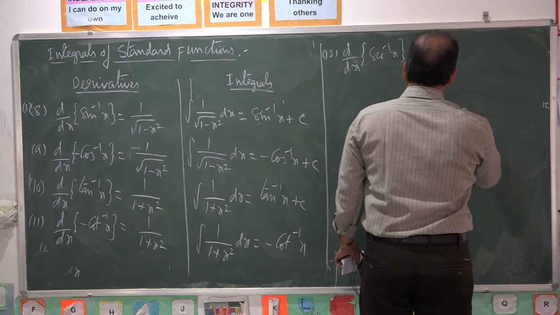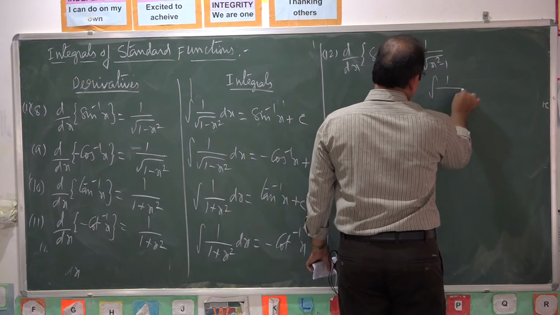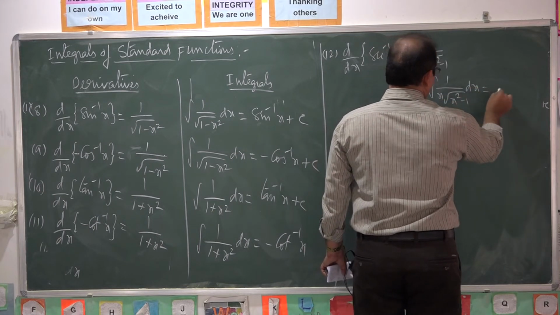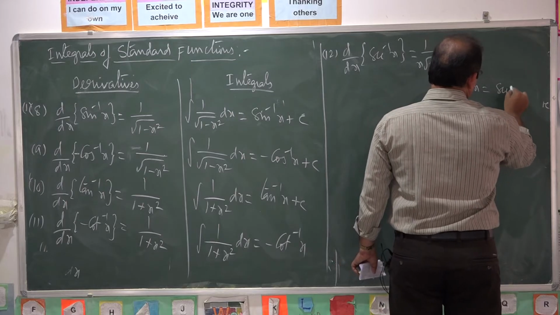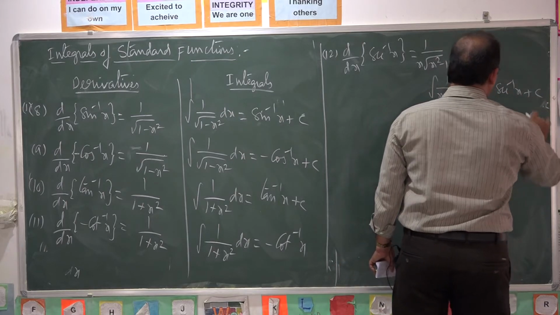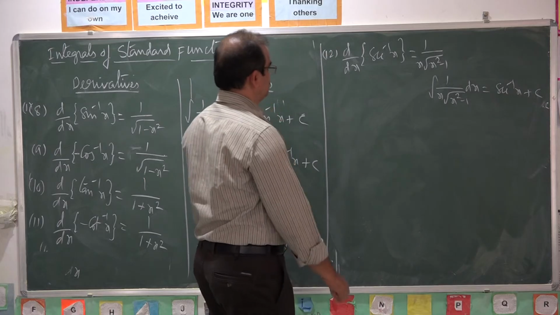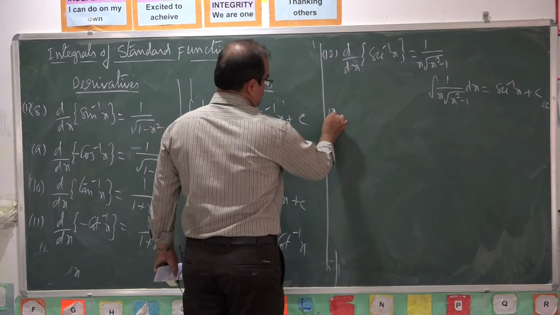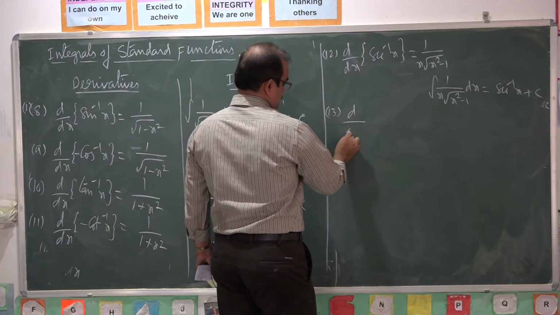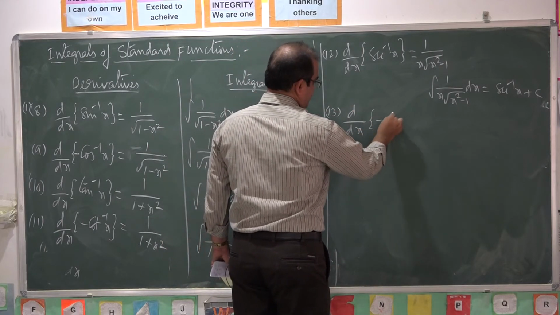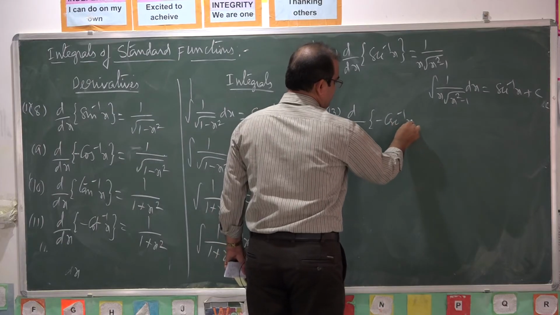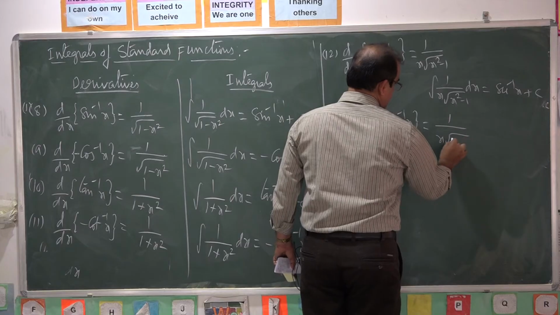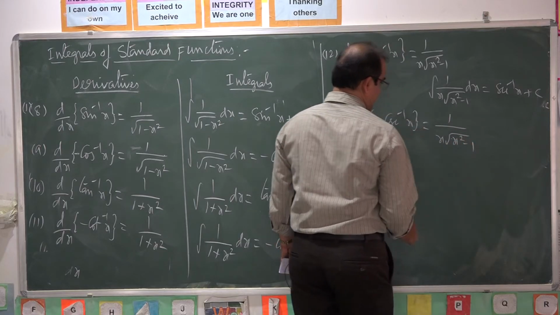In integrals, we write integral of 1 by x into root of x square minus 1 dx is equal to secant inverse x plus c. d by dx of minus cosecant inverse x is equal to 1 by x into root of x square minus 1.